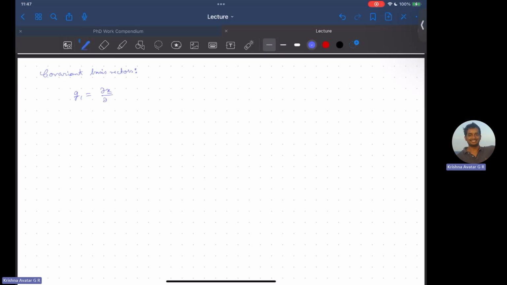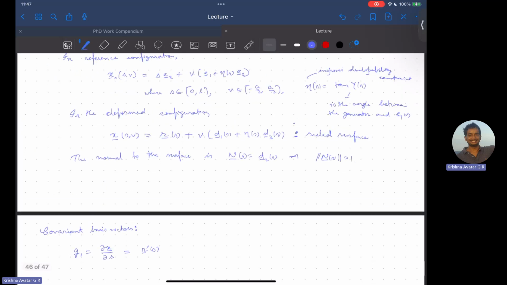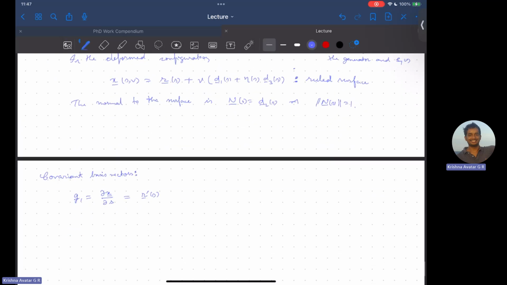So here we have the coordinates, and x gives r prime of s. I'll just put it up here so that you see what's going on.